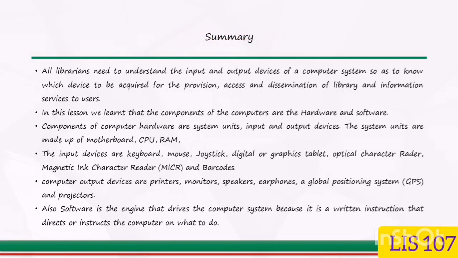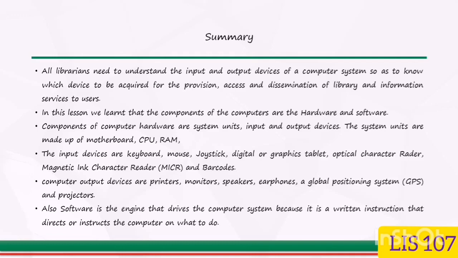Now, in summary, remember, as a librarian, you need to understand that the input and output devices of a computer system are important for you, because that's what you will use to provide information, to access and to disseminate to users. So we have come to the end of today's lesson. In today's lesson, what have we learned? We looked at the components of the computer hardware as system units, input and output, and we said that the system units are made up of the motherboard, the CPU, the RAM.